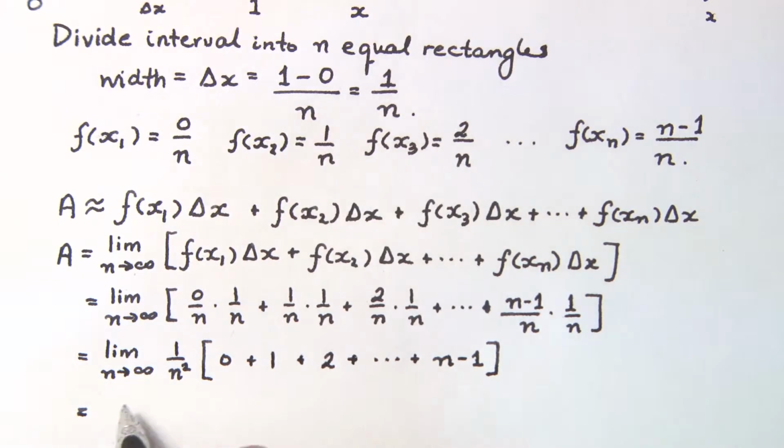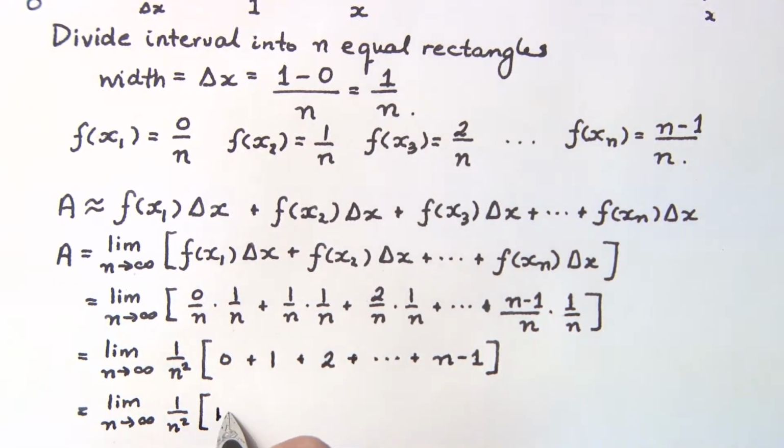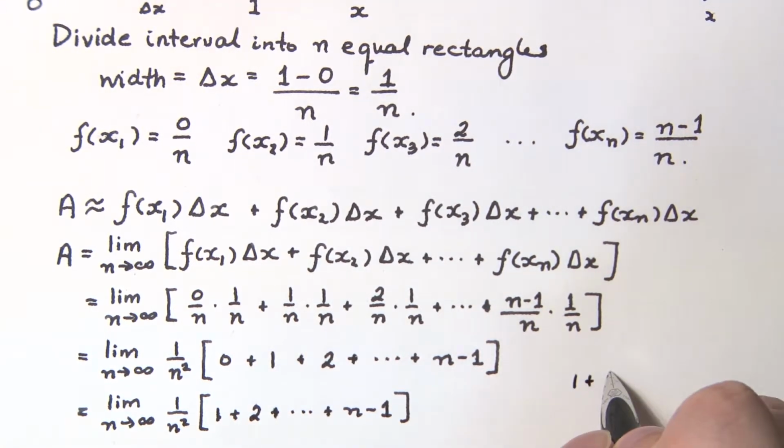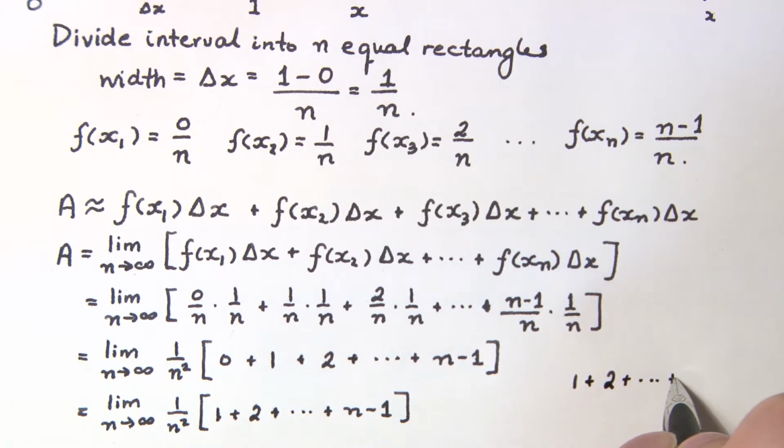Well, since we have a 0, I'm just going to ignore that. So I got 1 over n squared times 1 plus 2 all the way up to n minus 1. Now recall that we did before the sum of 1 plus 2 plus all the way up to n is equal to n times n plus 1 divided by 2.